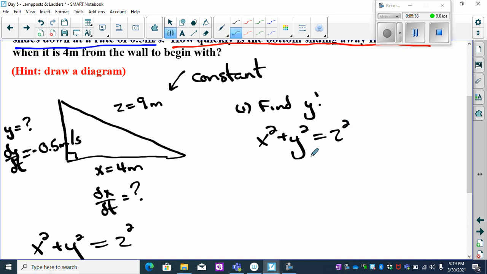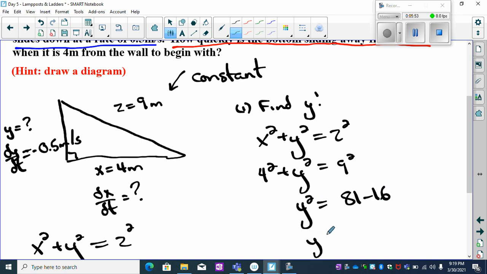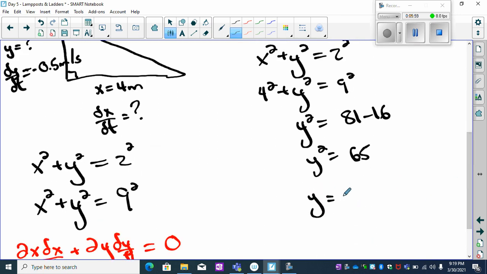Well, to find y, use Pythagorean theorem again, all right? X is 4, y is what we're looking for, z is 9, so I get y squared equal to 81 minus 16, or y squared equal to 65, and that means y would equal the positive or negative square root of 65.